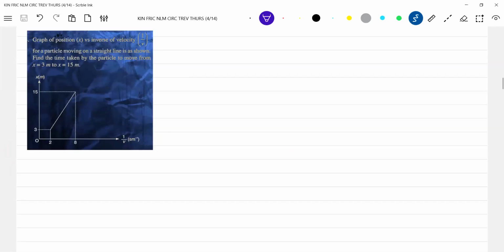This is the position versus 1 by V graph. Find the time taken by the particle to move from x equal to 3 to x equal to 15 meters. This is that curve.